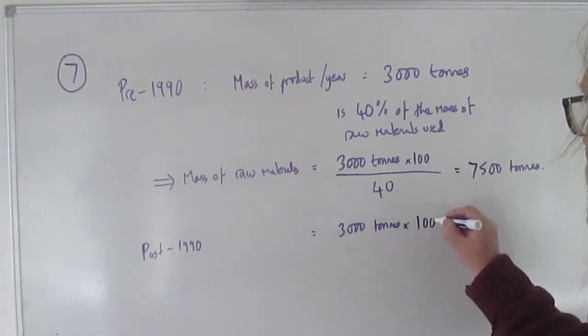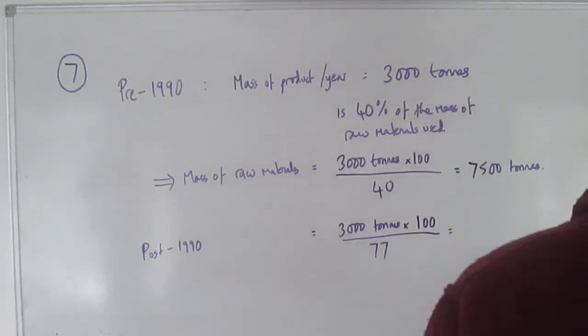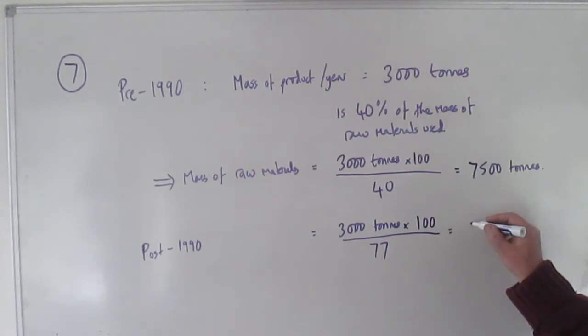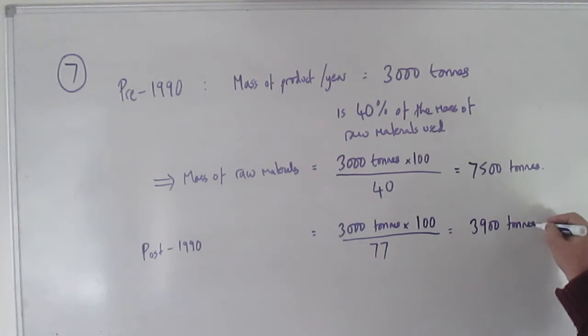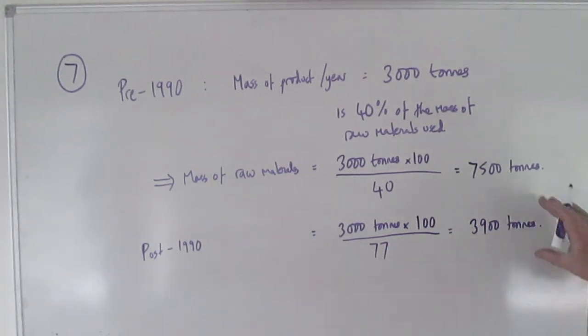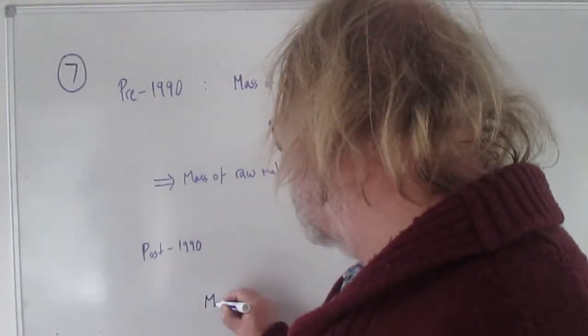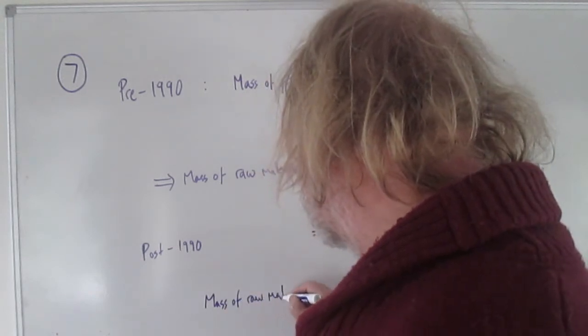So when we scale up, it'll only be times 100 over 77, and if we do that calculation, that comes to 3,896 tons, or let's say 3,900 tons. So you can see much less mass of raw material per year going in, because more of it actually ends up as ibuprofen.